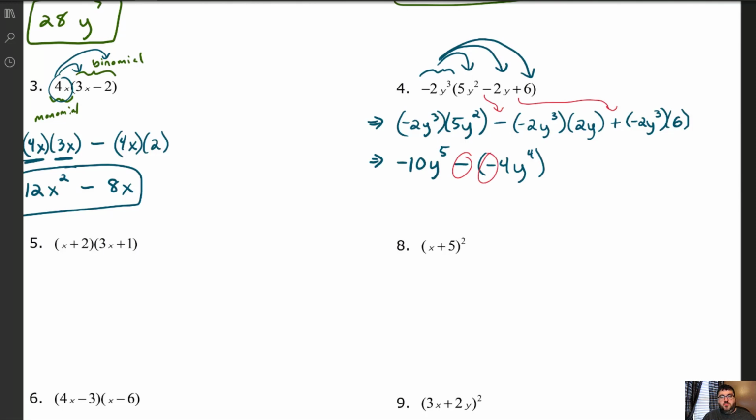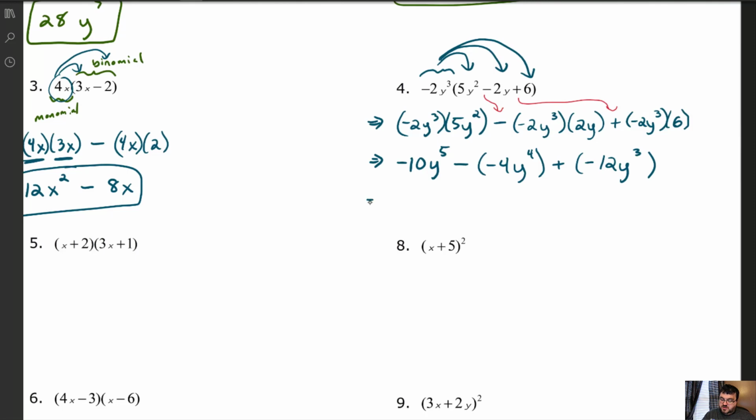If you remember from arithmetic, whenever you minus a negative, that actually is like you're adding a positive. So it's like double negatives kind of cancel each other out. We're going to show you how to write that in a second as your final answer. And then over the last part it says minus 2 times 6 becomes 12y to the third right there. Okay, so this is what we got so far.